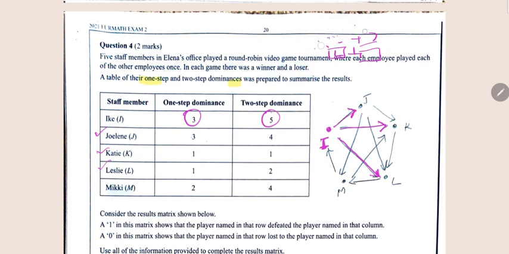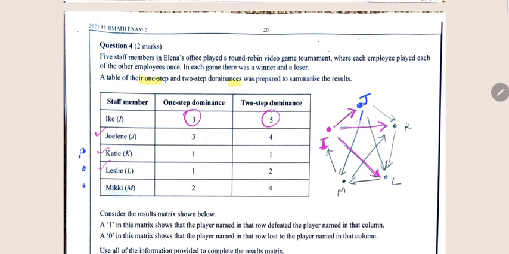Now let's look at the next one with the highest value, and that will be Jolene. Now Jolene got beaten by Ike, so that doesn't leave us that option anymore. So we put J here, but he beat 3 other people, and the only options present for us is Jolene beat Katie, Leslie, and Mickey.